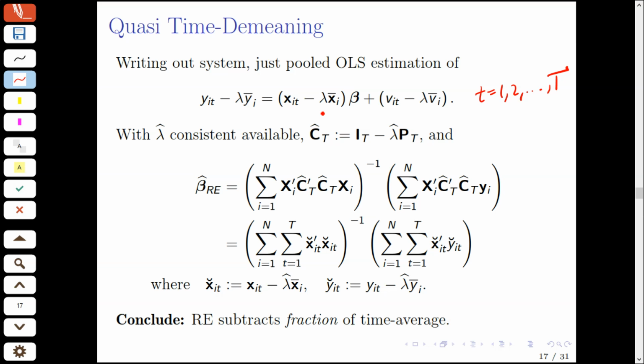In that case, wherever omega hat inverse appears in our previous formula for the random effects estimator, we may substitute the square of the CT matrix, which by symmetry is simply CT hat prime CT hat.